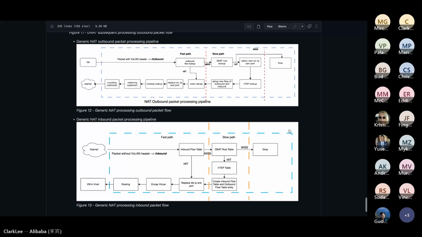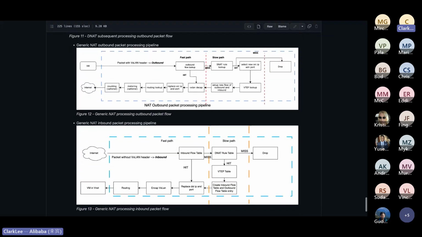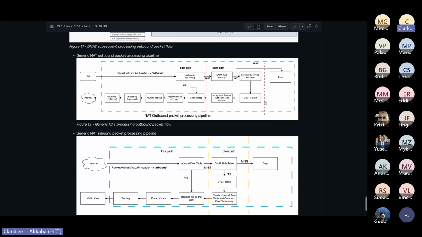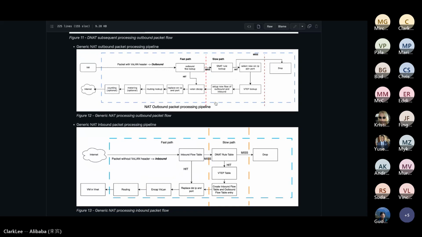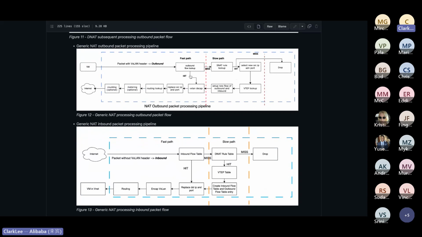Any questions? This is another suggestion, that we should combine this SNAT and DNAT processing flow together. Right, that was a suggestion from Gohan last week. Yeah, it's more clear.